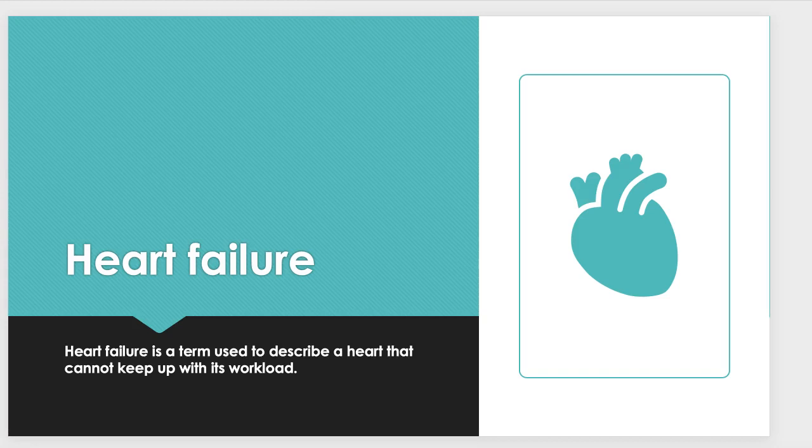Then the next aspect we need to discuss in detail is heart failure. Remember, heart failure is a term used to describe a heart that cannot keep up with its workload. It's a very generic term.